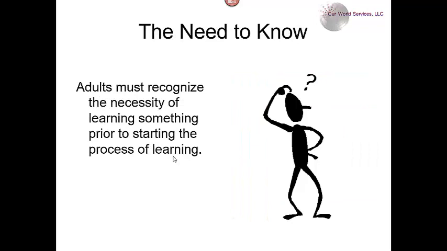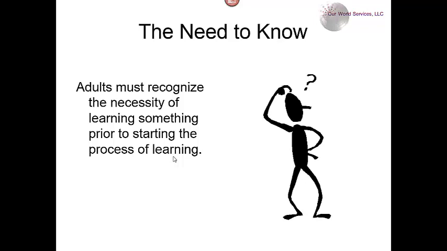Adults have to recognize the necessity of learning something prior to starting the process of learning. A lot of times we set up our courses where we start to spoon feed from the back. We talk about little parts that build to something bigger. Adults like learning that starts with the big picture and then breaks down into all the little components.